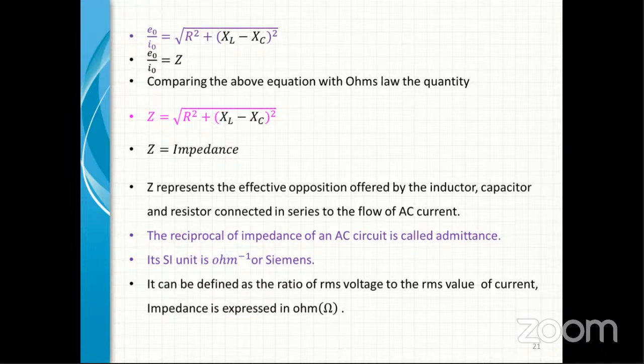The next term here, in the LCR circuit also, this total effective resistance of the LCR circuit is also called the impedance, and this gives the ratio of RMS voltage to the RMS value of current. Impedance is expressed in ohm.